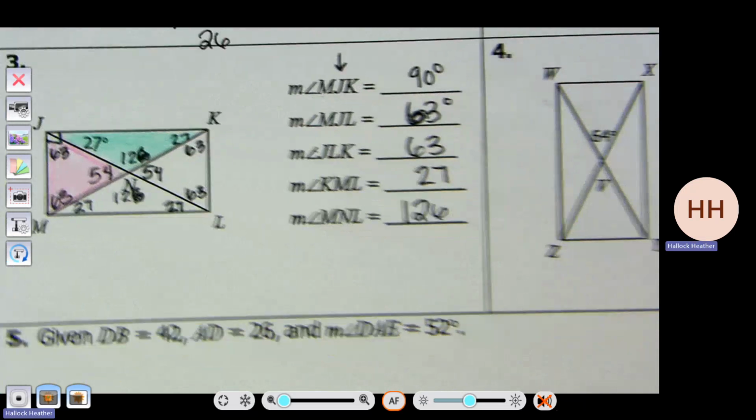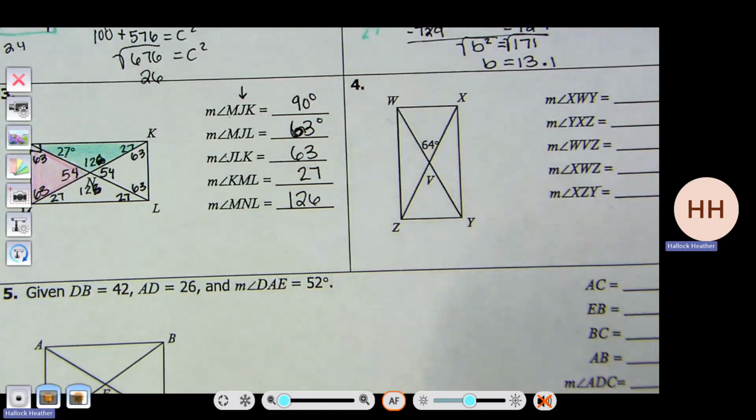Okay. Try number 4. There's only one number. You got to move it around. There's one place it can go to. And then you have to think triangles make 180.